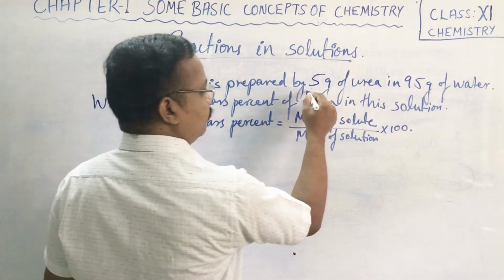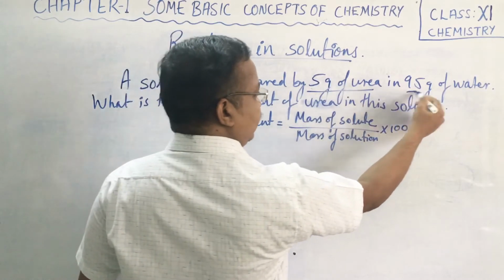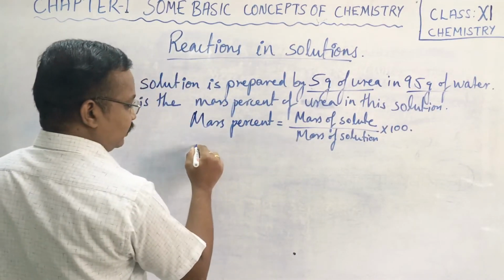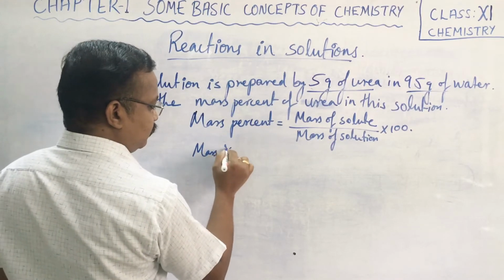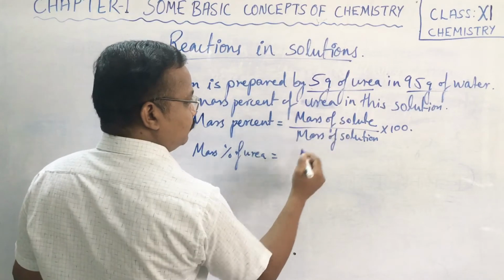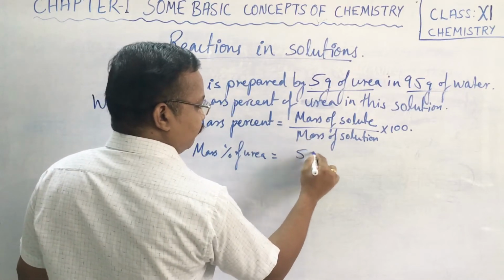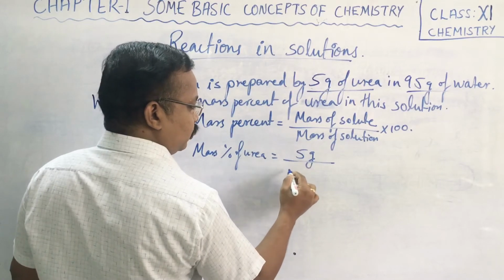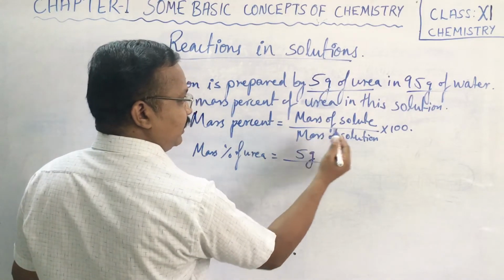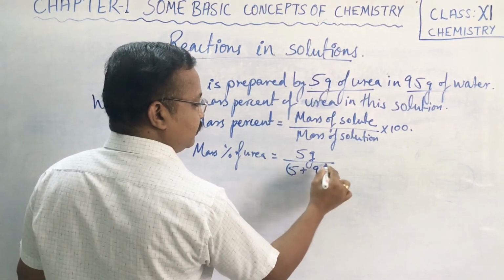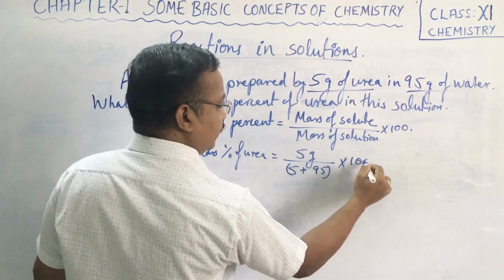Here we have added 5 gram of urea into 95 gram of water. So what is the mass percent of urea? Mass percent of urea equals the mass of solute, 5 gram, divided by the mass of solution, which is solute plus solvent. Correct? Components A and B, 5 plus 95 gram, we will get 100.